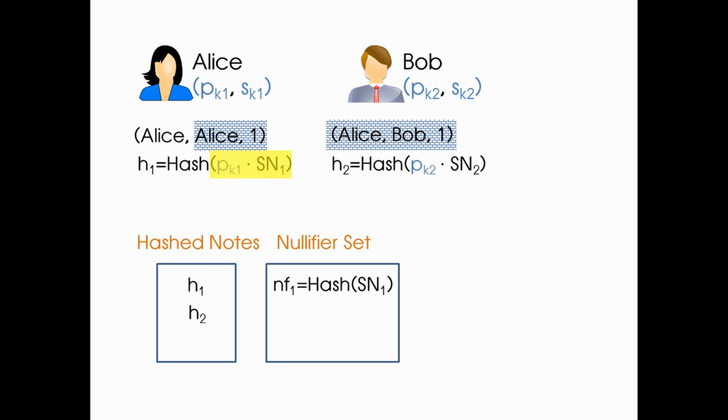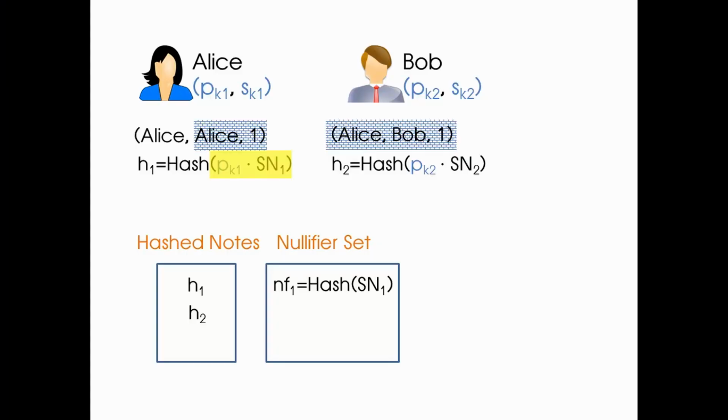So in order to do that, she's going to prove that there is a public key and a serial number such that when hashed, the result is in the set of hashed coins. If you look at the paper, this set of hashed nodes of H1 and H2 is called CM list, coin mint list.